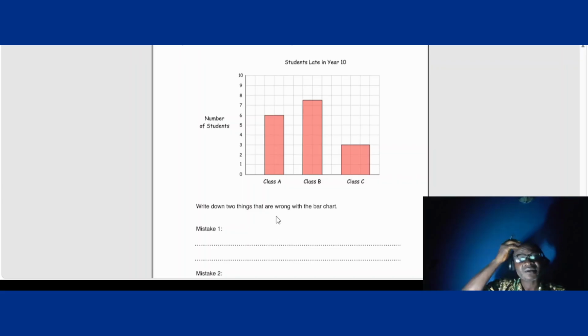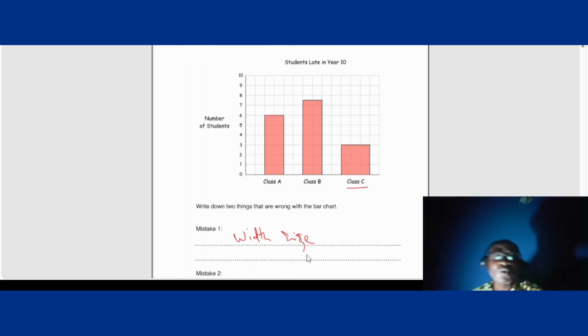In class 6, the width is almost 3 cm, whereas others are 2 cm. So the width is inconsistent with size. Okay. Which other thing did you observe?